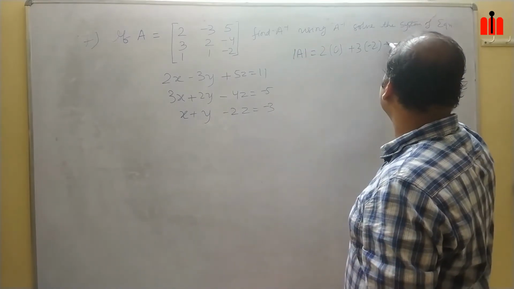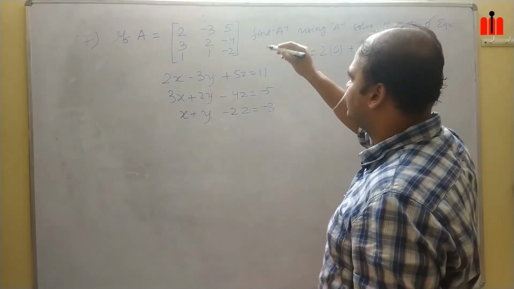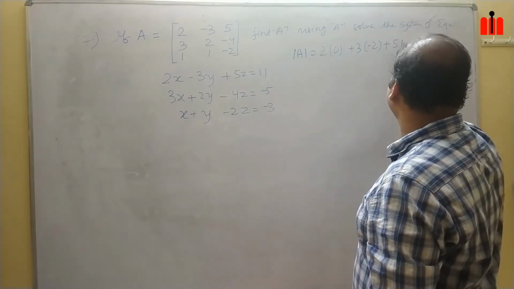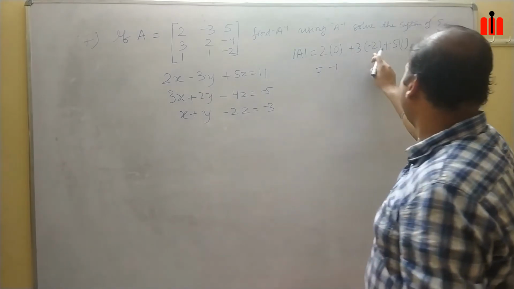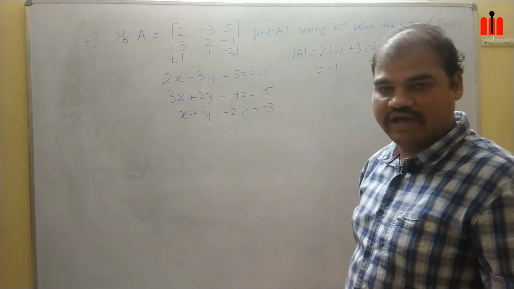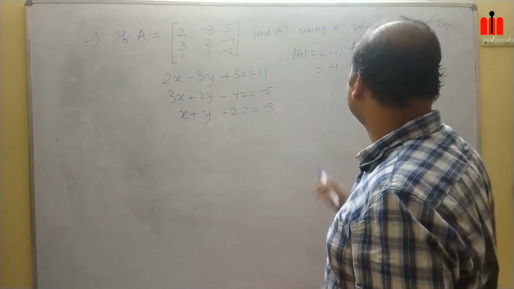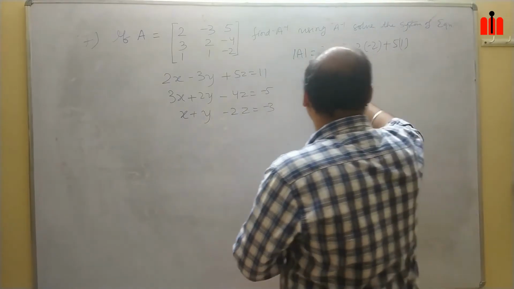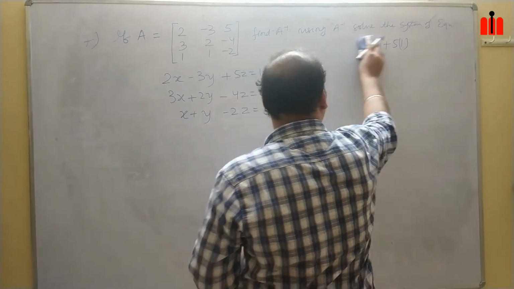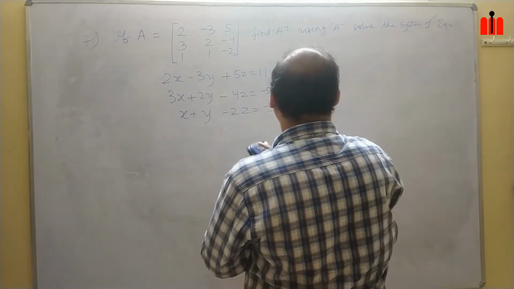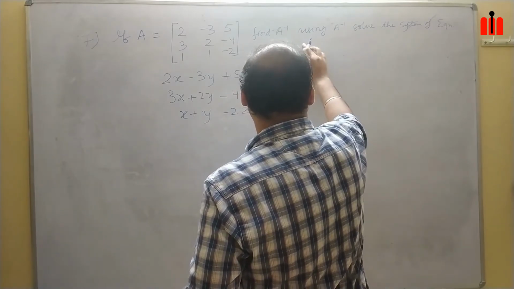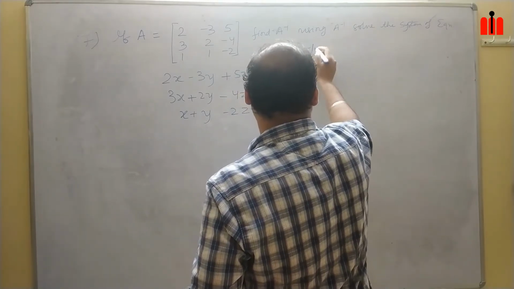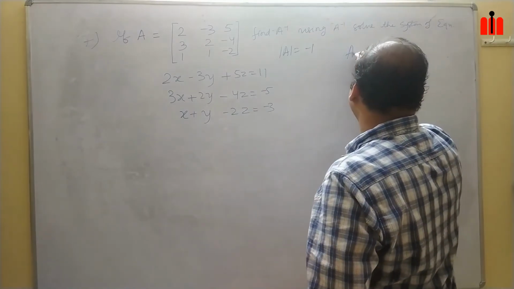Plus 5 into 3 minus 2, which is 1. So minus 6 plus 5 is equal to minus 1. So the determinant is minus 1. I will rub this out, and note that the determinant of A is equal to minus 1. Okay. Now we will find the adjoint of A.